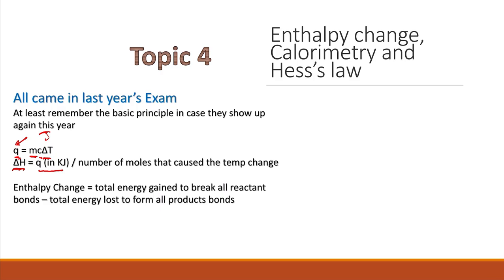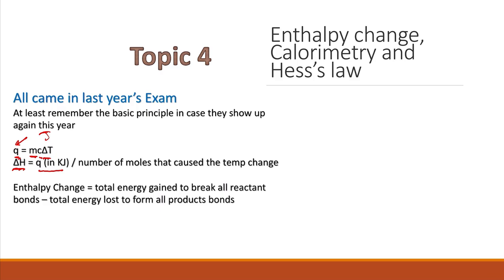Remember that enthalpy change will equal the total energy gained to break all reactant bonds minus the total energy lost to form all product bonds. Remember that breaking bonds will need to supply energy, and the formation of bonds will release energy. If they ask you this question in the exam, they're going to provide you the mean bond energy of all of the bonds.